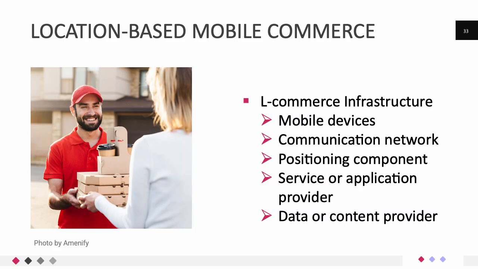So behind the scenes, there's a whole system working together. Your phone, the mobile device, and then the internet is the communication network, the GPS is the positioning component, and the app you are using is the service provider, and the company providing the products or the information is called the content provider.